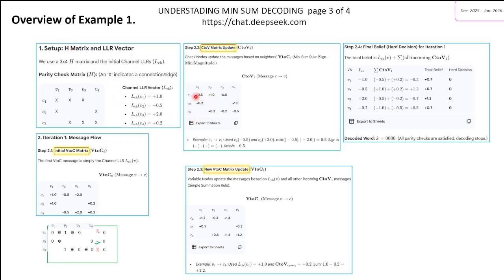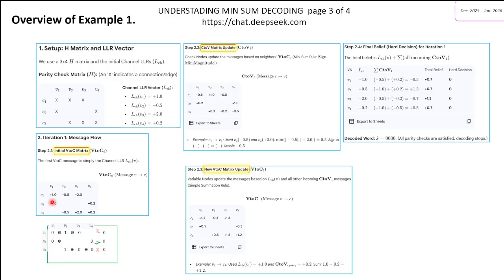So there it is passed. The first equation says that it should be a 1, which is sign minus, and the minimum magnitude of these two, which is 0.5, is sent and copied here. Similarly, it is done for this one. These two will tell what this should be, and the minimum magnitude with the sign is sent.